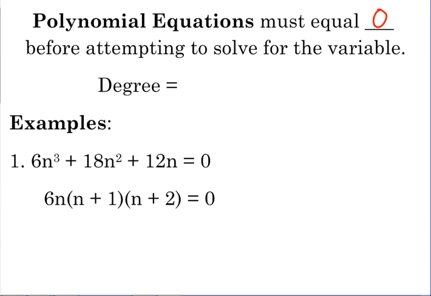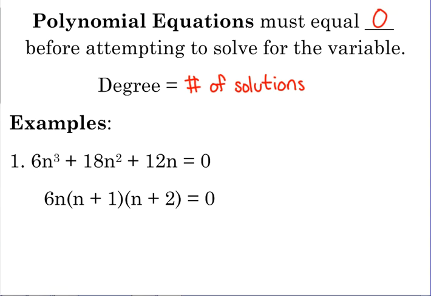What did it correlate to on the graph? The number of x-intercepts, okay? So the degree, it was the maximum number of x-intercepts, but the degree is equal to the number of solutions.